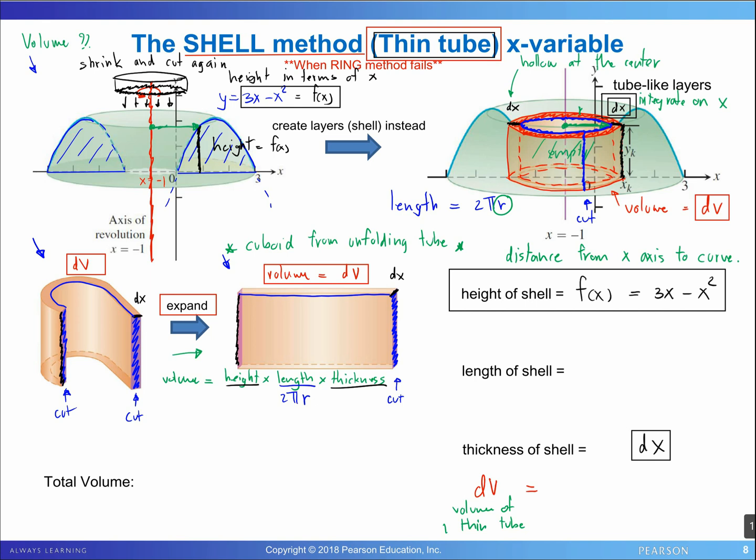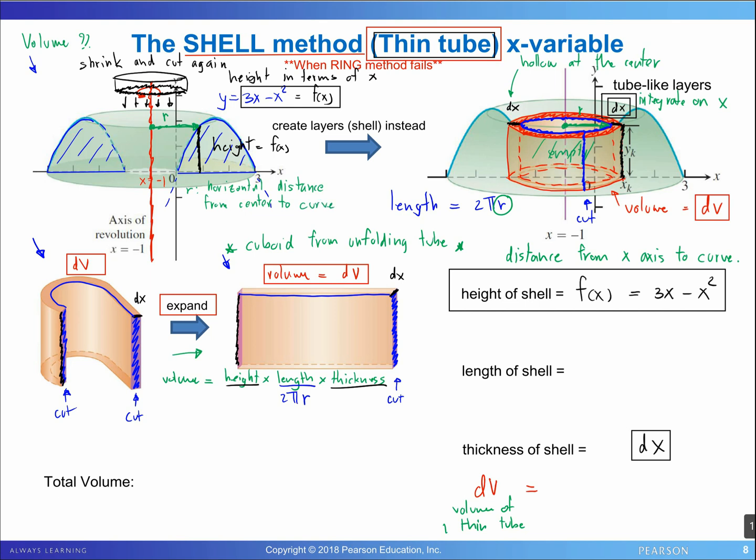Same arrow. Same radius, r. Let's make a note down here that the radius r in this case corresponds to horizontal distance from the center of this object to the curve.